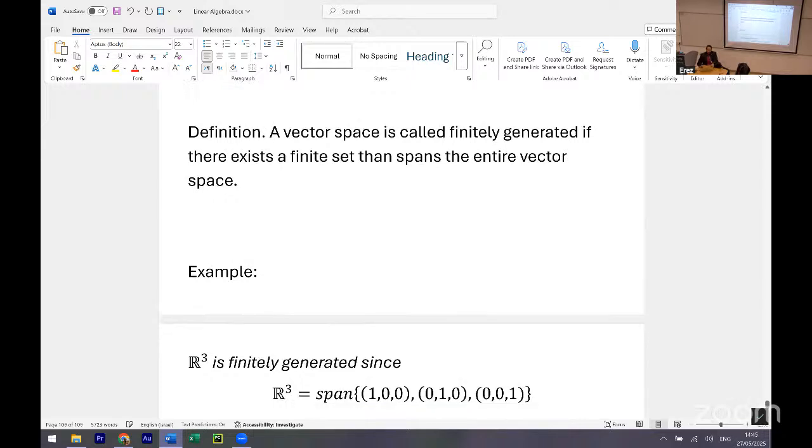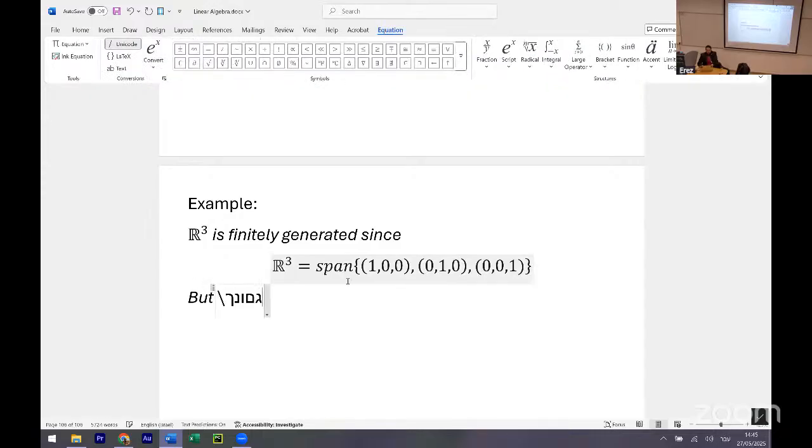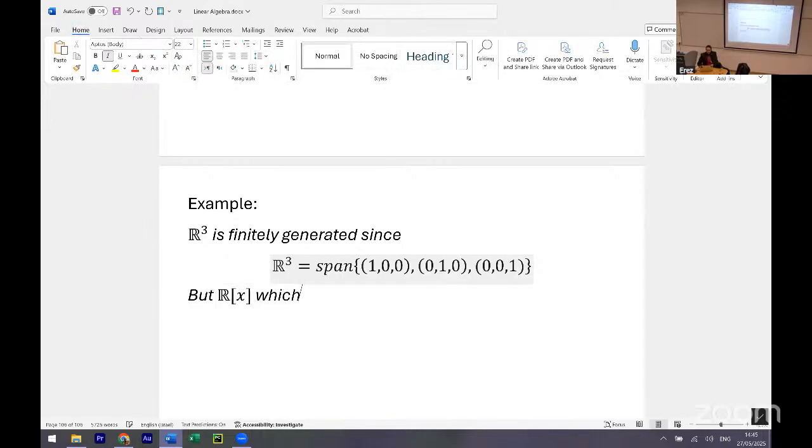It's finitely generated. But R[x], which is the vector space of all polynomials, is not finitely generated.